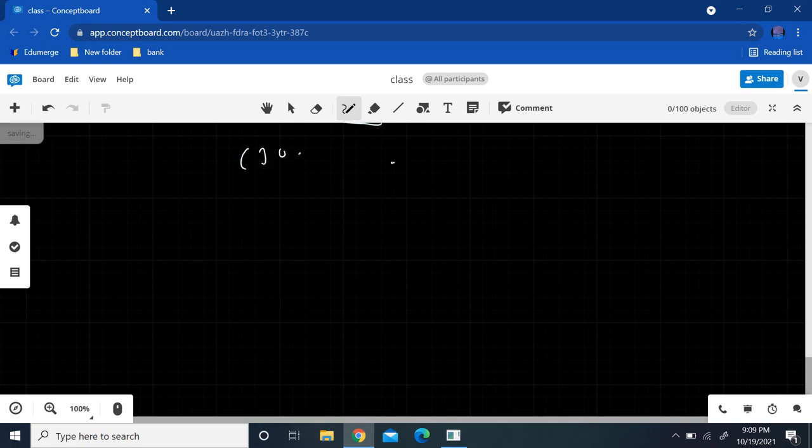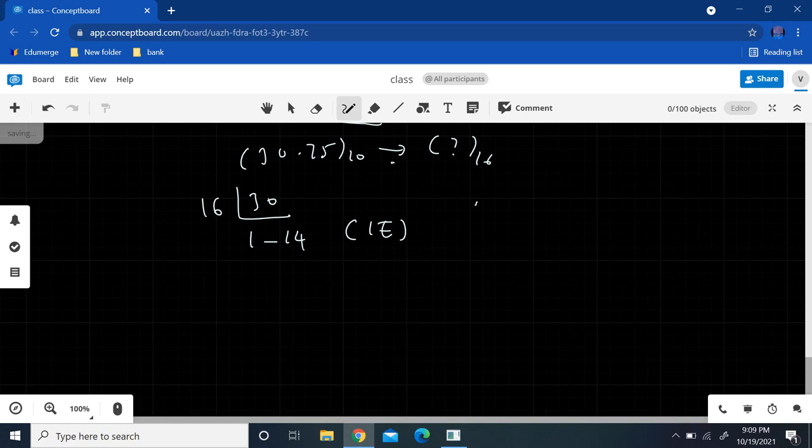I'm going to take one example, 30.75 base 10, and convert this into hexa. The same logic we are going to use. First take the whole number, 30 divided by 16, quotient 1 and remainder 14, and the equivalent hexa is 1E.